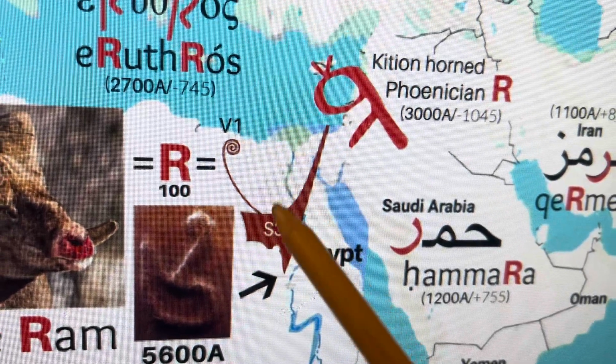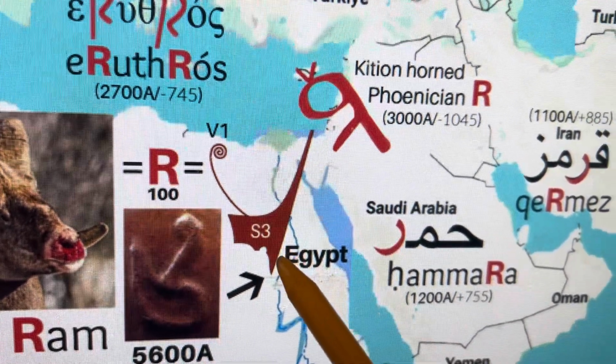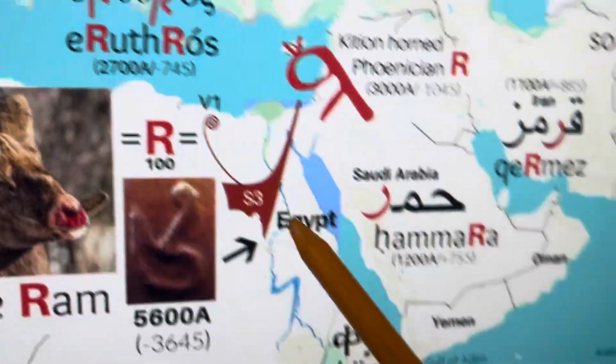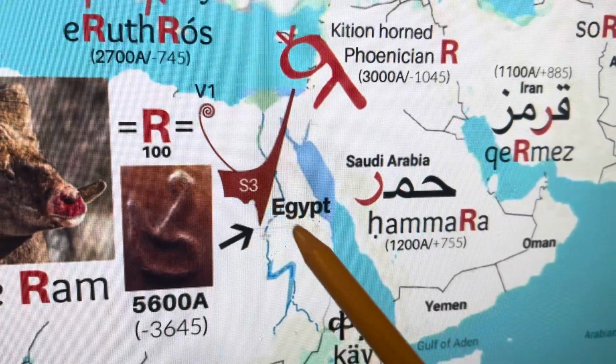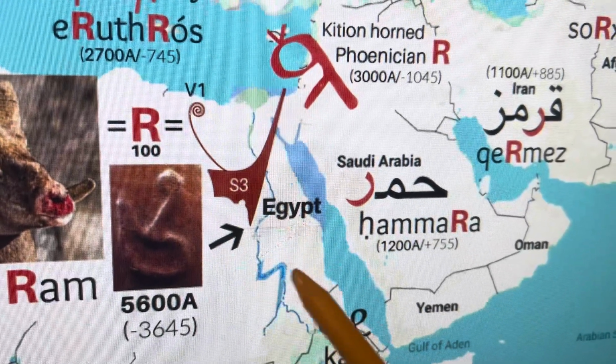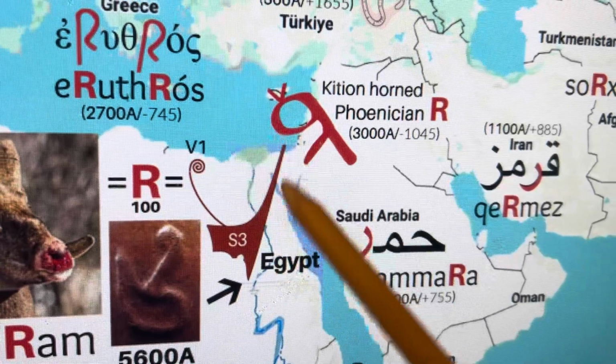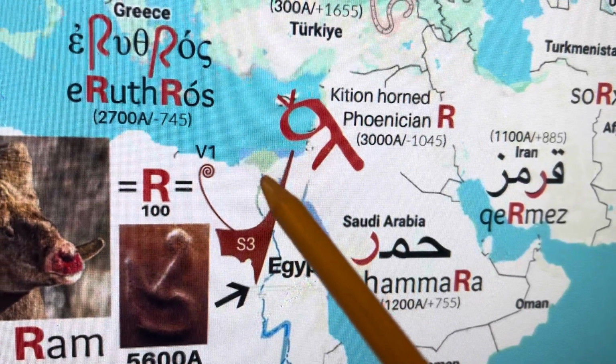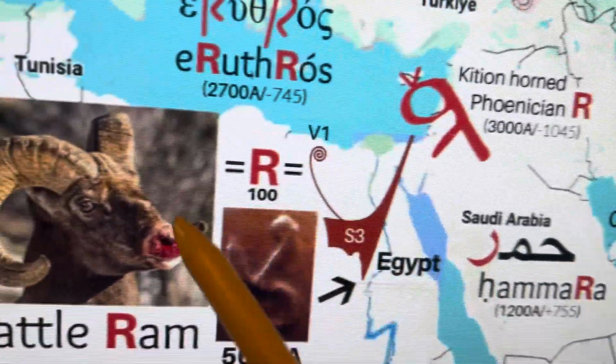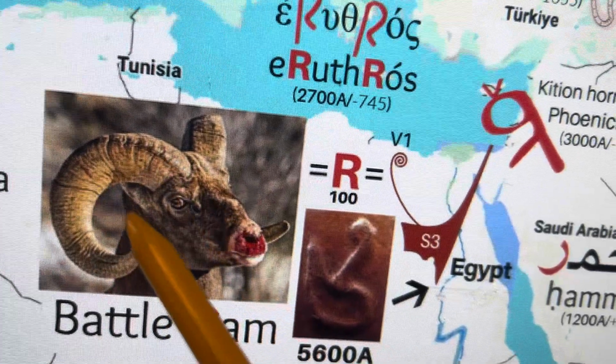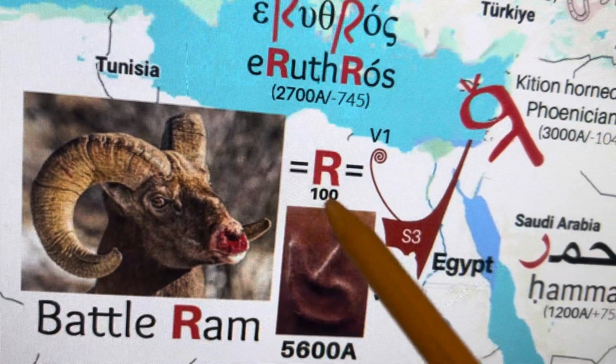And the S3 symbols the red crown of Egypt, originally all of Egypt, but then it became Lower Egypt, and there was a white crown for Upper Egypt. The curl part here is the curl of the ram horn.